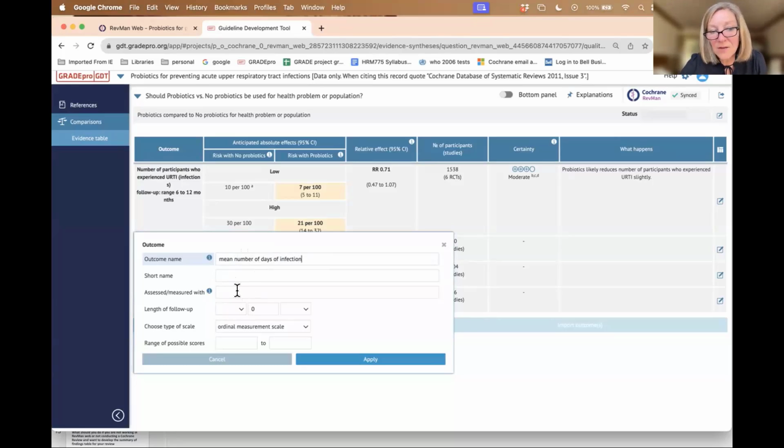And I would say, it's not necessarily measured with anything, but if you were doing quality of life, I would enter right here SF36, whatever scale it was that was used. Again, I could enter in the length of follow-up. Maybe it's a range of 6 to 12 months again.